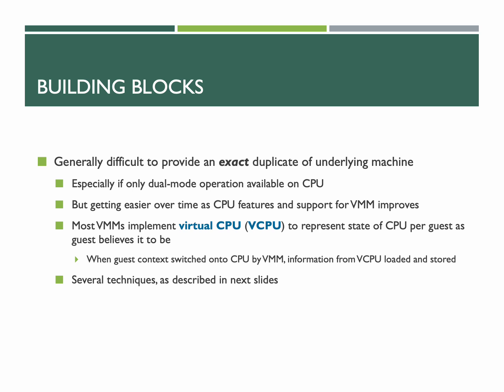Now, it's generally challenging to provide an exact duplicate of the underlying physical machine within a virtual environment. This is particularly true when the physical CPU supports only dual mode operation, which restricts the hypervisor's ability to fully manage the guest environments directly at the hardware level. However, as CPU architectures have evolved, so has support for virtual machine managers.